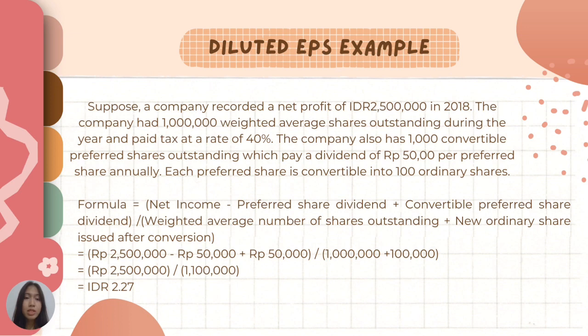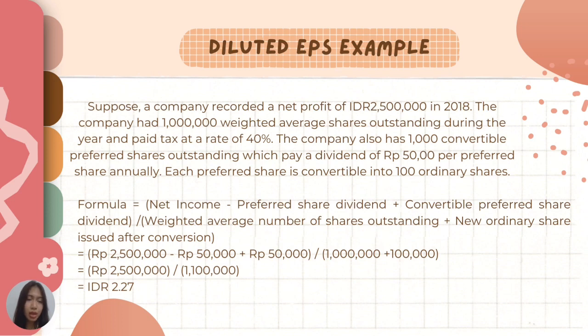The company also has 1,000 convertible preferred shares outstanding, which pay a dividend of 50 rupiah per preferred share annually. Each preferred share is convertible into 100 ordinary shares. The formula for this problem is net income minus preferred share dividend plus convertible preferred share dividend, divided by the weighted average number of shares outstanding plus new ordinary shares issued after conversion.